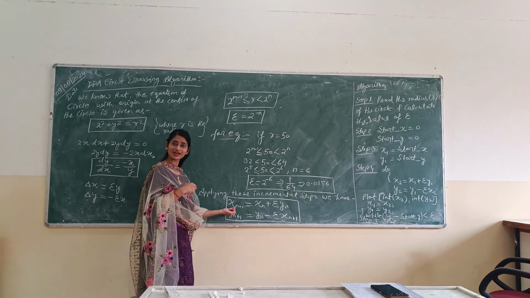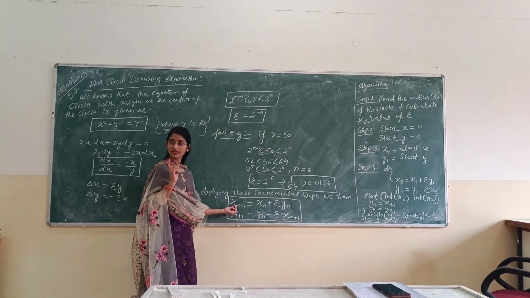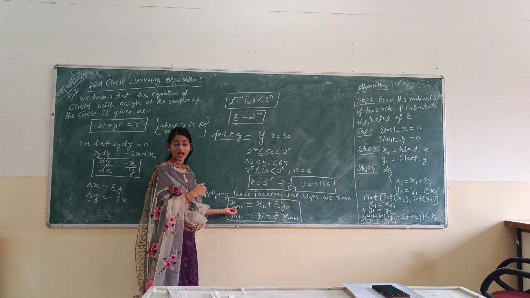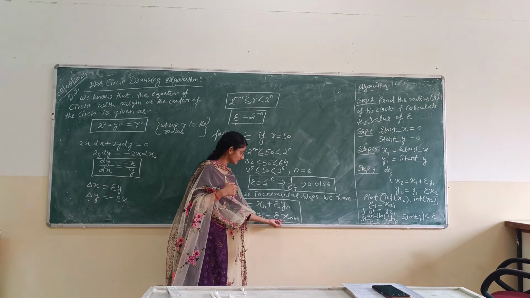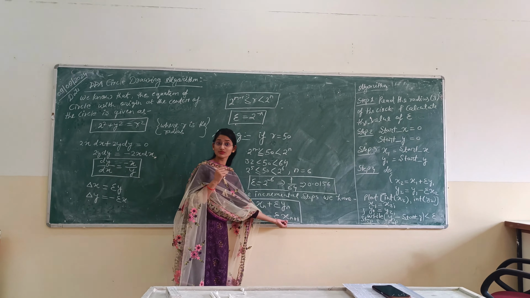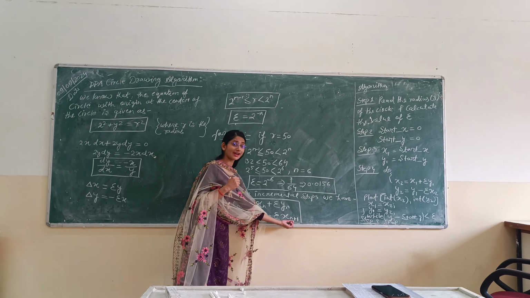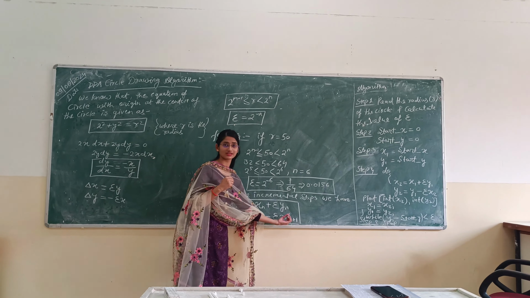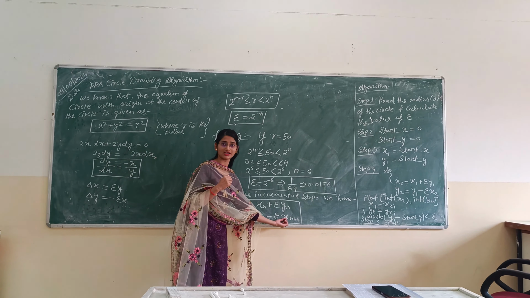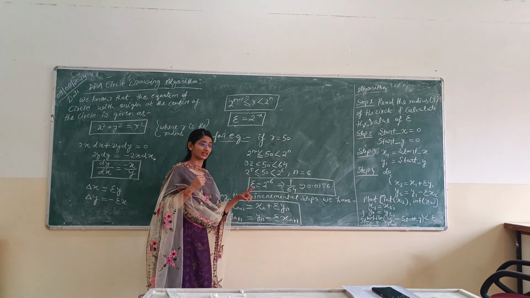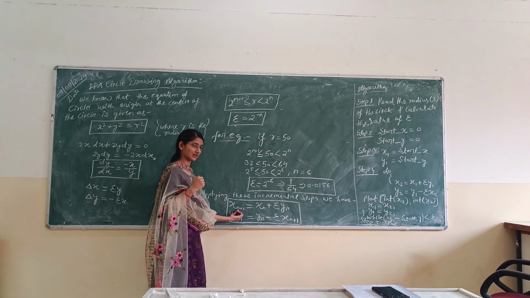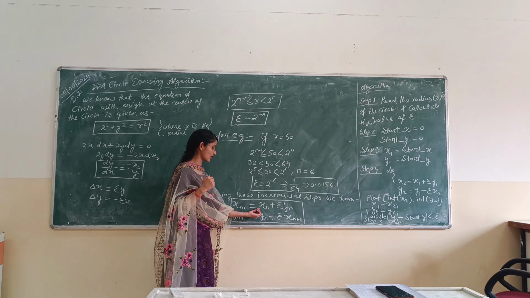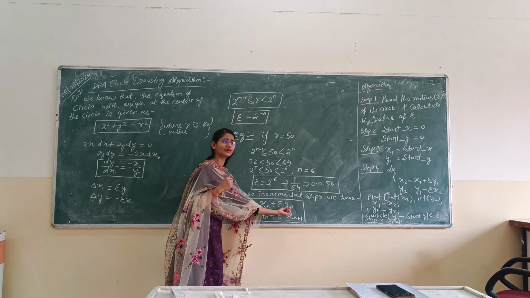Everybody understand these things? Yes. I'm not saying here epsilon x n, I'm saying here epsilon x n plus 1, just because this x n plus 1 is also a newly calculated value. In the previous step, x n plus 1 is equal to x n plus epsilon y n.